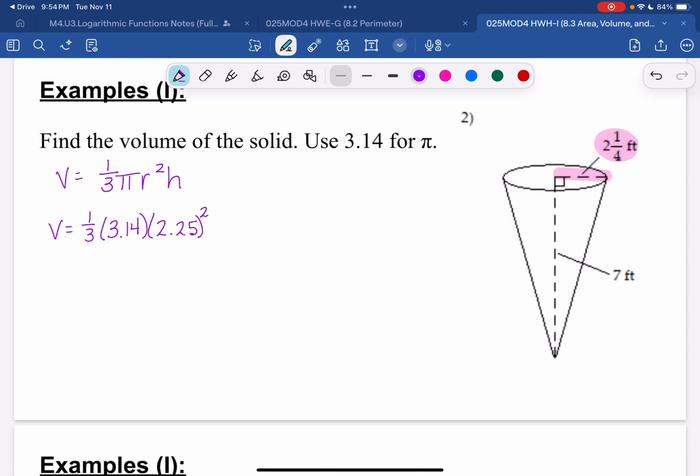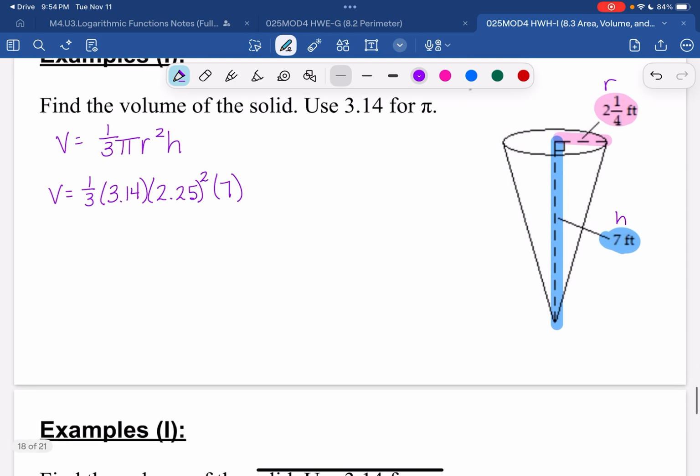And we're going to square that. So the radius squared. Then our height. Our height is going to be straight up and down. It's going to go through the middle of our cone. So our height is 7, so times 7. Then you can put this whole thing in your calculator all at one time.